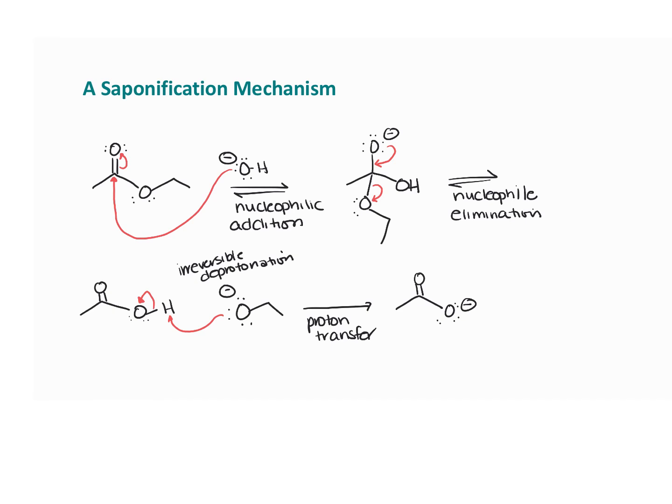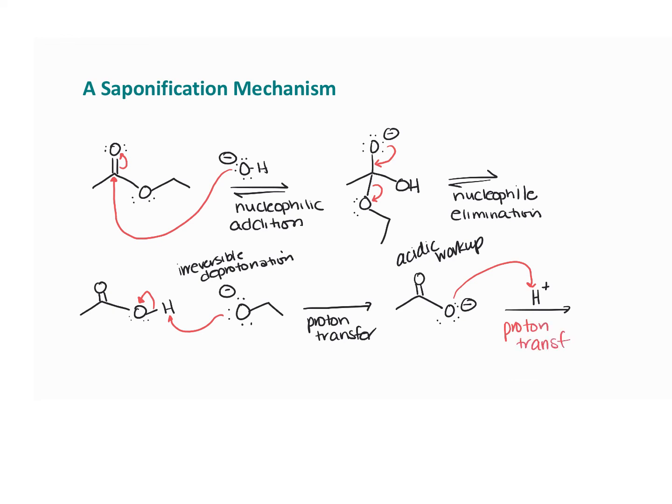And so what happens then is you do an acid workup, and it replenishes that hydrogen there. So from the acid workup, you end up with an H+, and there's another proton transfer reaction.